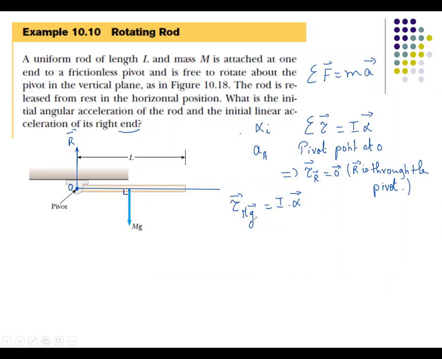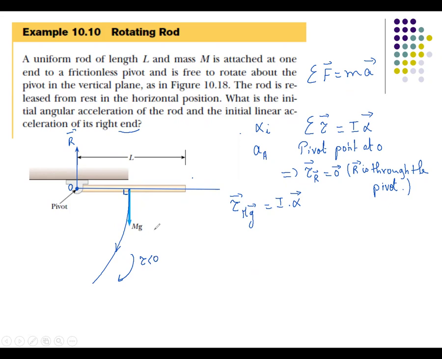Second point, what we have to do, I tell you an important point. If we have a clockwise rotation like in this situation, look here, mg pushes or rotates the object down, so in the direction of the clockwise. So if we have a clockwise rotation, tau must be negative.